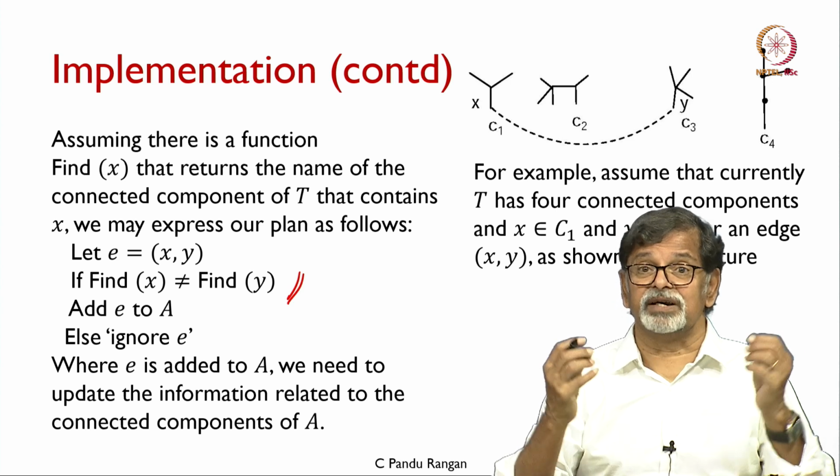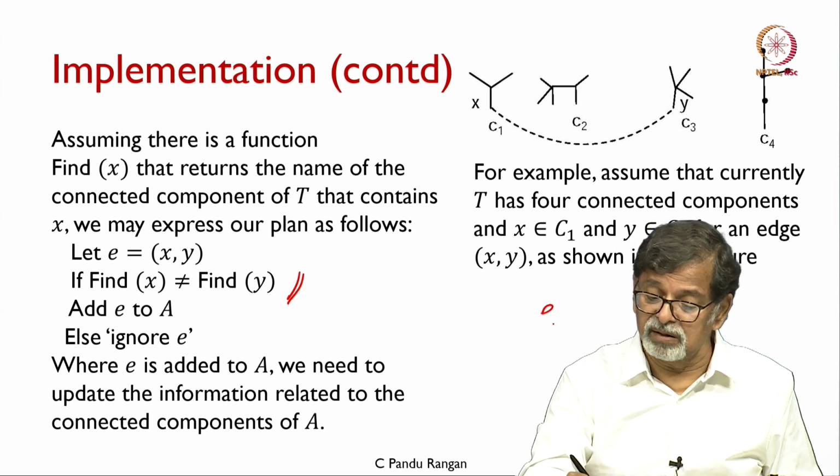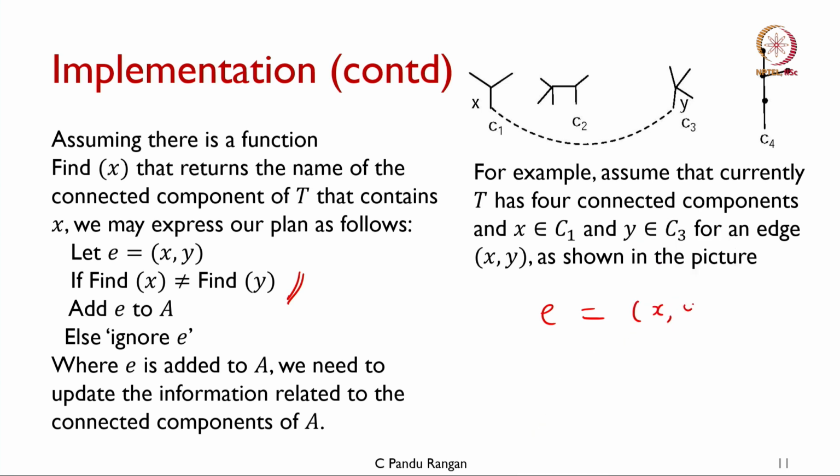Therefore, I have an edge E equal to x, y. x is in one component, y is in another component. So, x, y is not going to form a cycle. So, you can see how my cycle detection test is converted into a simple test based on a function called find.